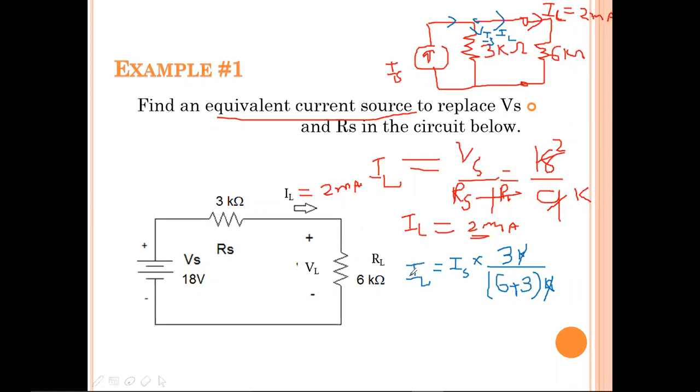But you know the load current, and by knowing this IL, you can find the unknown parameter Is.